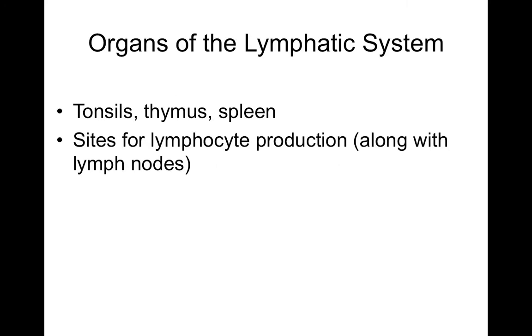So there are some important organs in the lymphatic system. These include the tonsils, the thymus, and the spleen. And these three organs, along with lymph nodes, are sites for lymphocyte production.